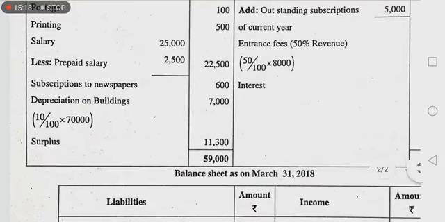Some students may think: how will depreciation charged on the building become a revenue nature transaction? Building is an asset, so it should become a capital nature transaction. Some may think like that, but actually depreciation is a kind of expense. Depreciation means a decrease in the value of the asset, a loss in the value of the asset. Whatever value decreases is treated as a kind of loss to the organization.